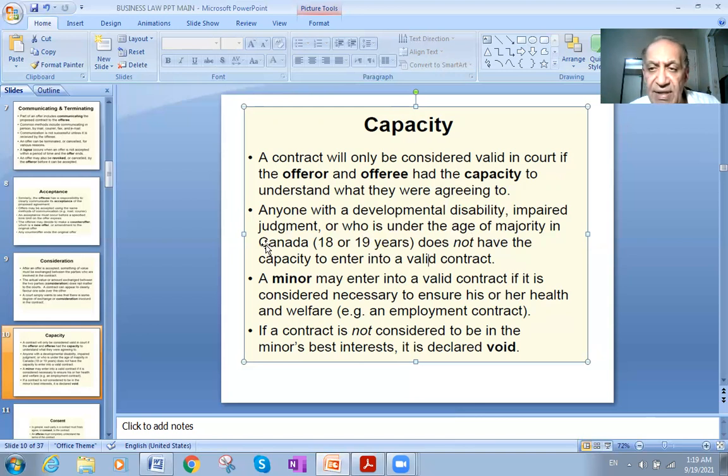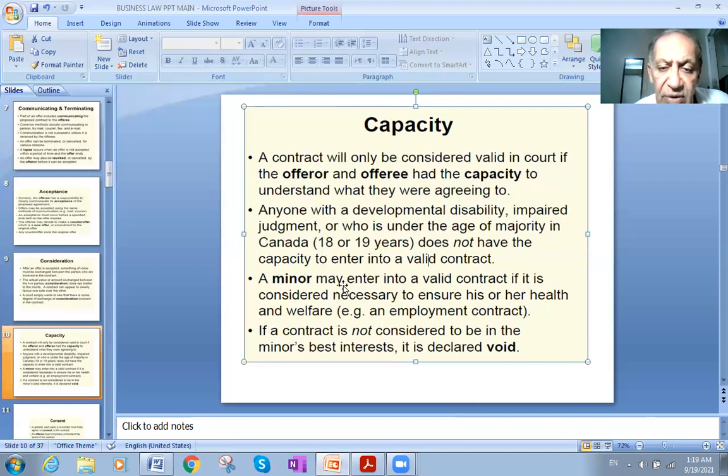So any person under 18 years old, or having a mental disorder or impaired judgment, no way. He is not accepted to enter into or sign a contract, because he is not fully comprehending what's going on. How will he sign for something he didn't understand, something he couldn't understand the meaning of?